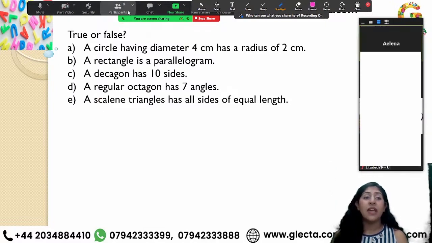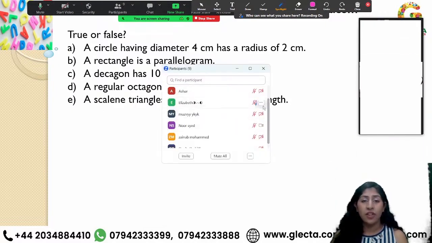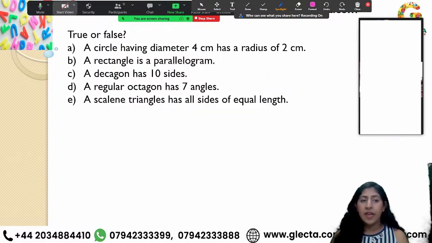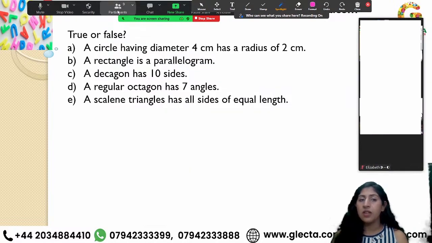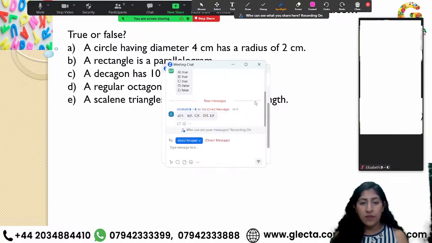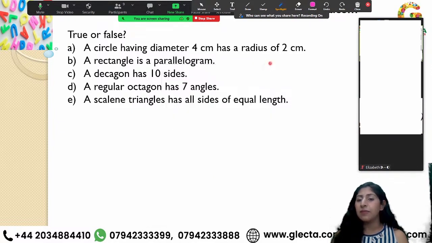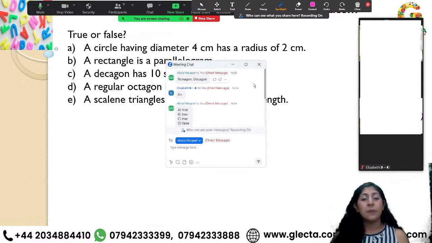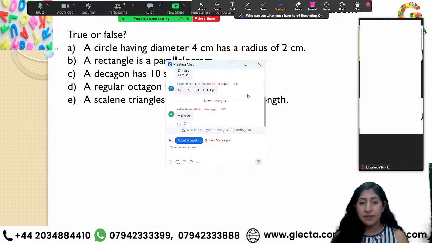Okay, where are your answers? I hope you guys are not texting each other over there. You guys have to text me your answers. All right? Everybody, quickly text me your answers. Okay, I've received answers from Elizabeth and Abdul till now. Nobody else has given me the answer. Noor, Zainab, Mustafa, Azhar. And I can see Opal has just joined us. So please, everyone, give me your answers.